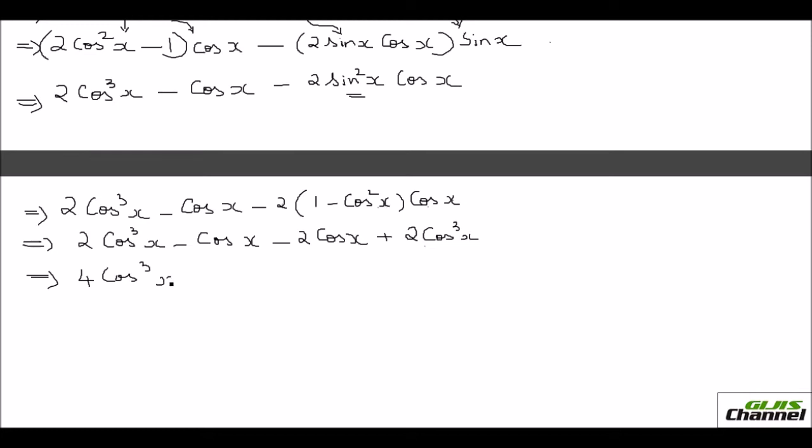And here it is minus cos x and minus 2 cos x, that would be minus 3 cos x, right? And this is what you had to prove, and this is equal to your RHS, hence it is proved. So you understand that cos of 3x is equal to 4 cos cube x minus 3 cos x.